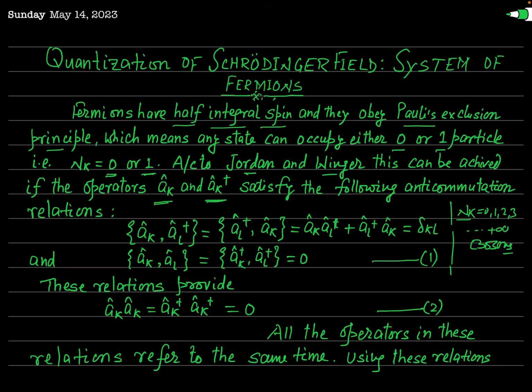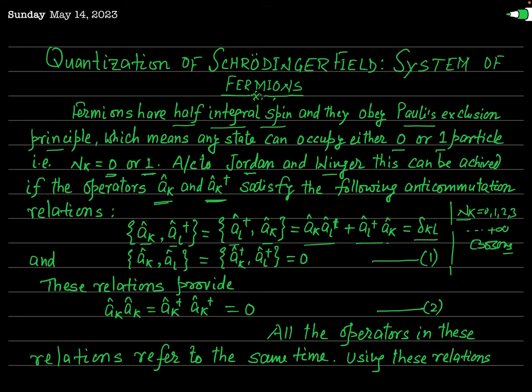So the anti-commutator of a_k hat and a_l hat dagger is equal to the anti-commutator of a_l hat dagger with a_k hat, which can be written as a_k hat a_l hat dagger plus a_l hat dagger a_k hat, and that is equal to delta_kl.